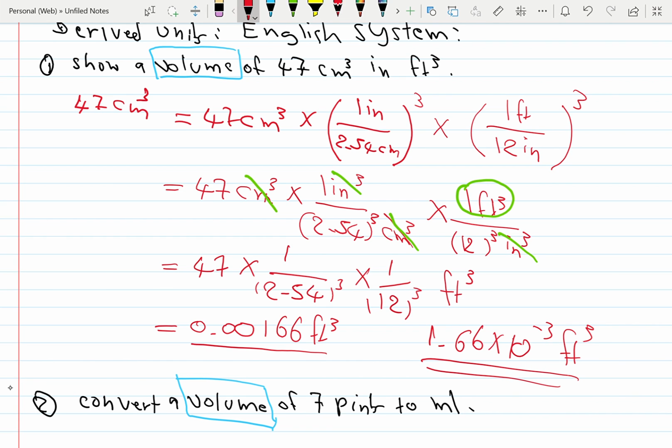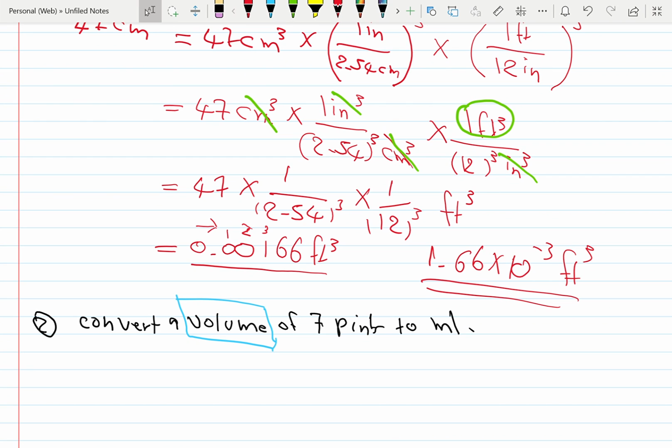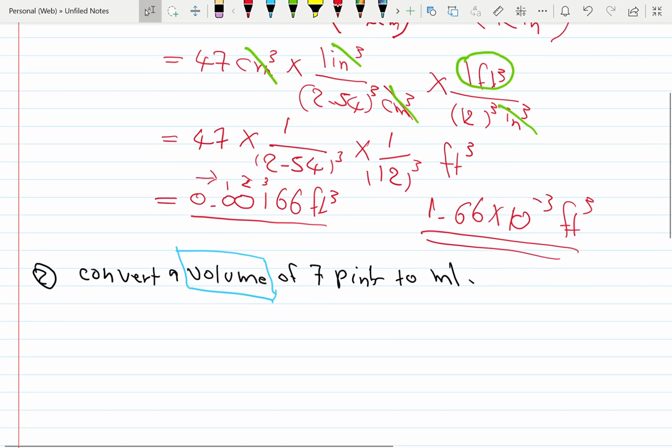Because we moved here, you see, 1, 2, 3, so we moved 3 times to the right. If we move the point to the right, by the number that we move, we make it 10 to the minus 3. If we move to the left, then it should be 10 to the power of a positive number. I will show it in a different example.